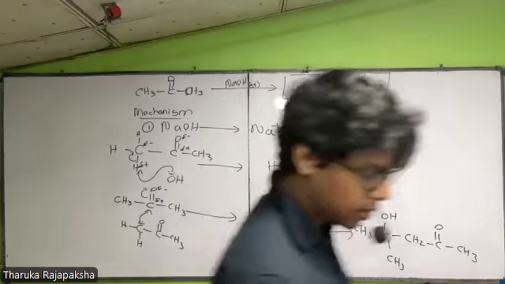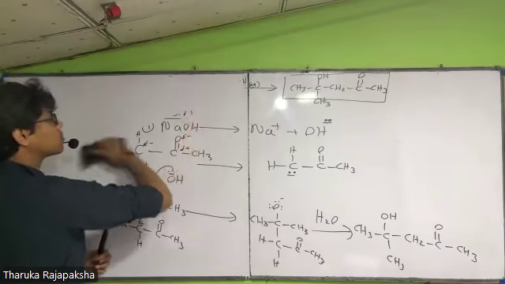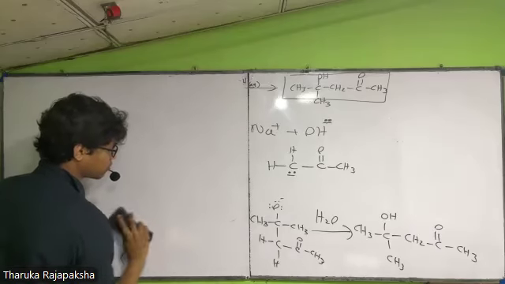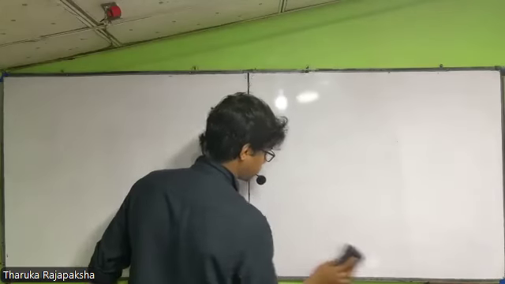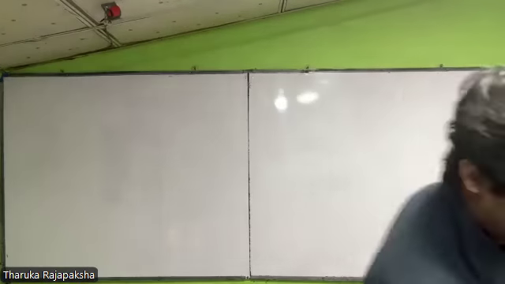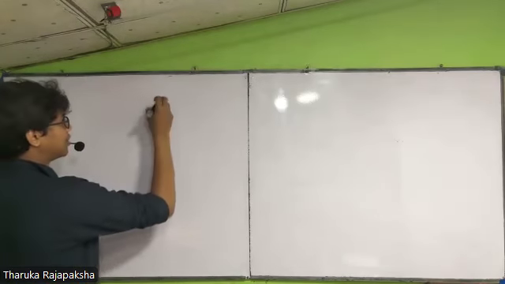Right, next one. After aldol ketol synthesis: alcohol with HBr. This is the 11th one, alcohol with HBr.